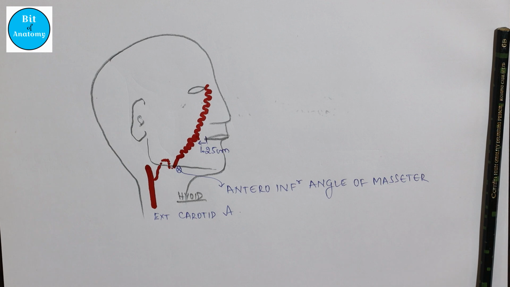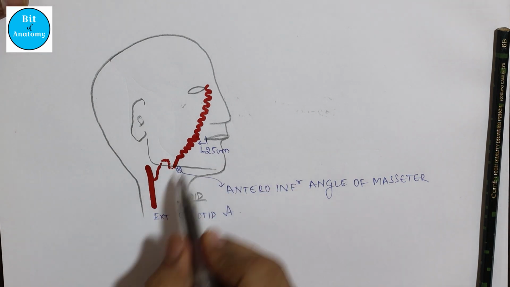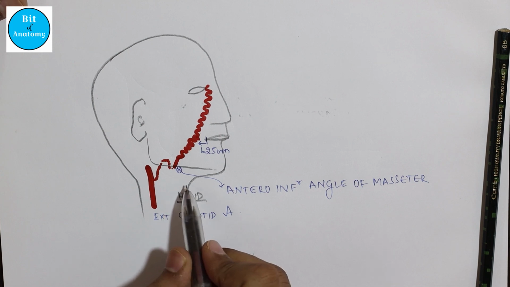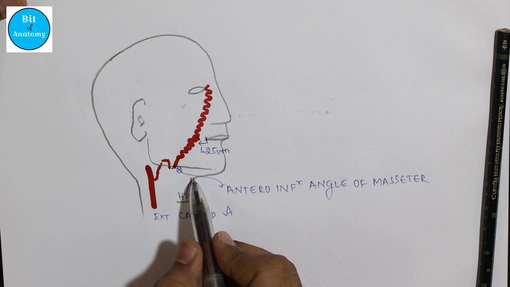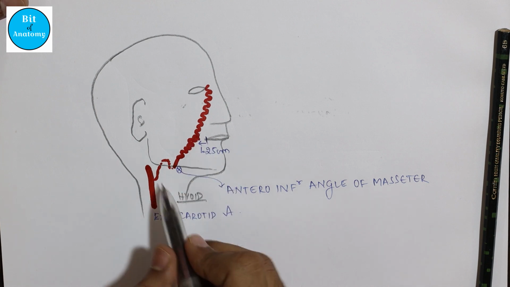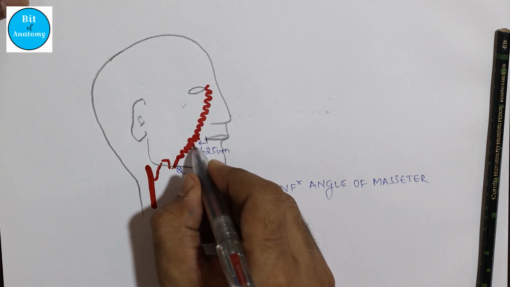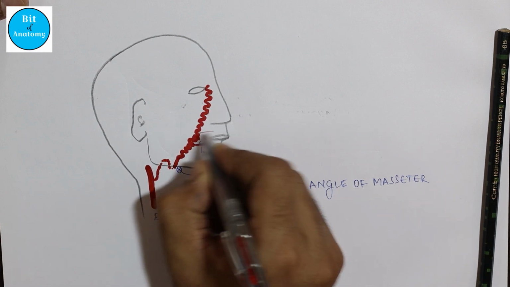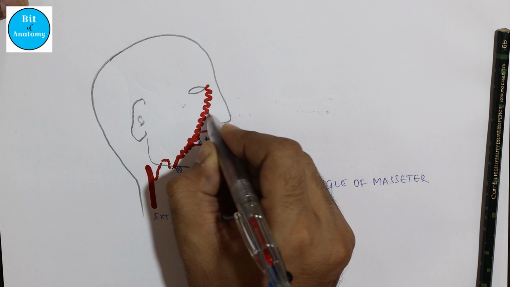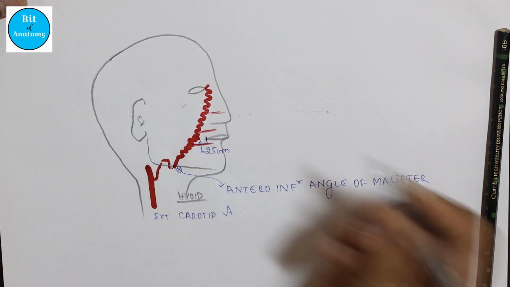If we appreciate the branches of this facial artery, in the neck it gives various branches, the submental branch and a cervical branch. In the face, it provides a branch to the lower lip, to the upper lip, and also to the nose.